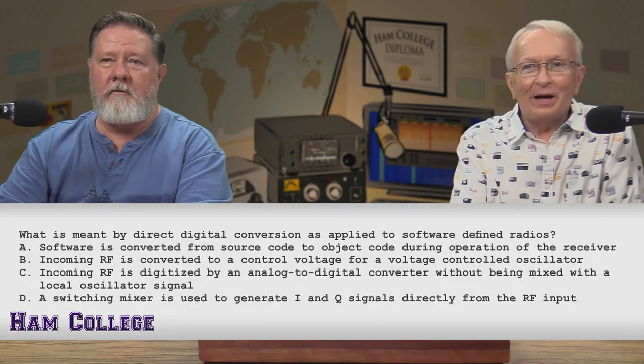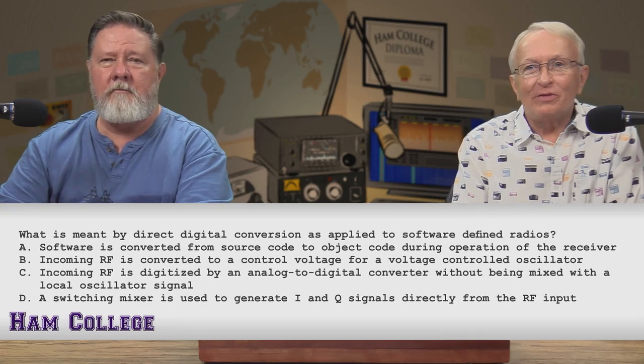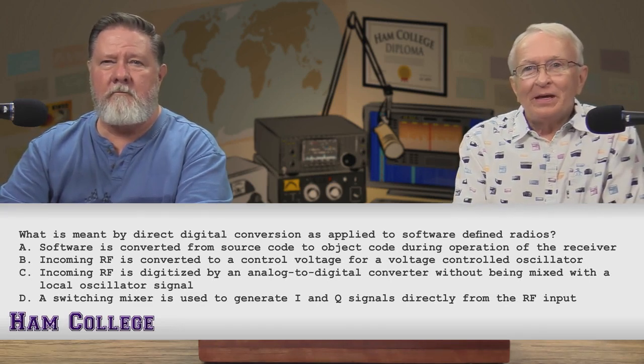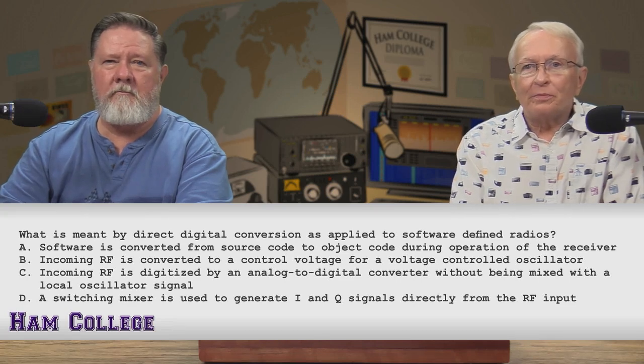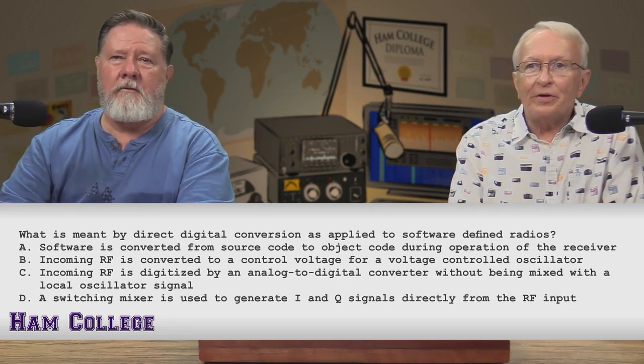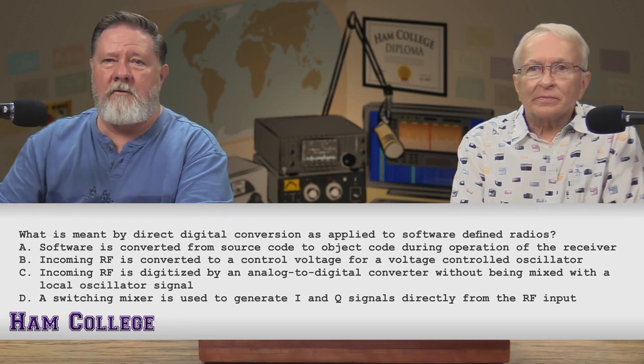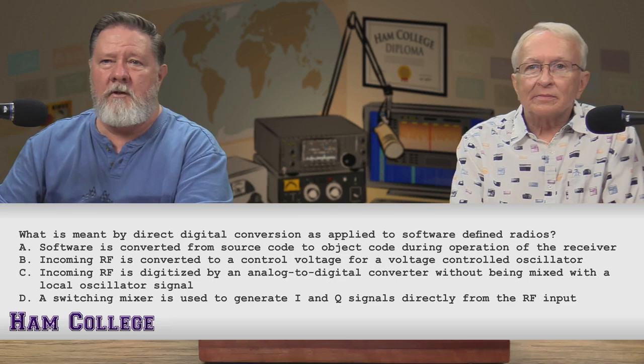What is meant by direct digital conversion as applied to software-defined radios? A. Software is converted from source code to object code during operation of the receiver. B. Incoming RF is converted to a control voltage for a voltage-controlled oscillator.